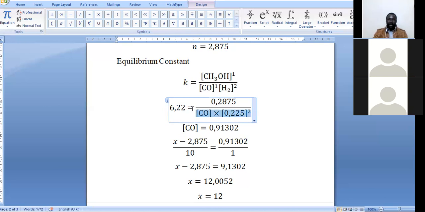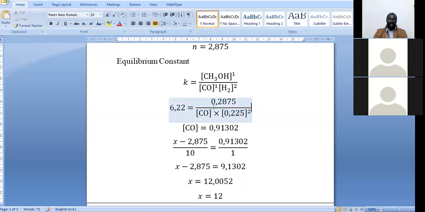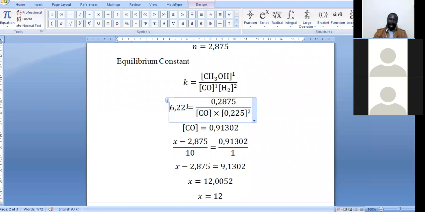We would multiply this by that, then this numerator here by 1. Then later we would divide both sides. In other words, just to make it quick, we cross multiplied with only CO. So we took CO, that left-hand side, and we brought 6,22 down here.